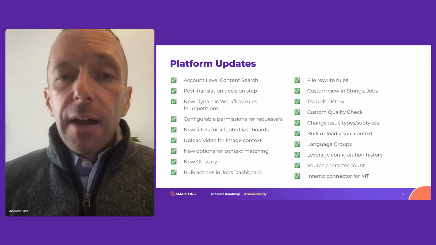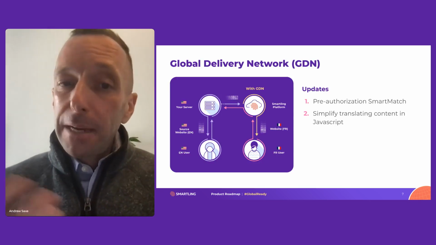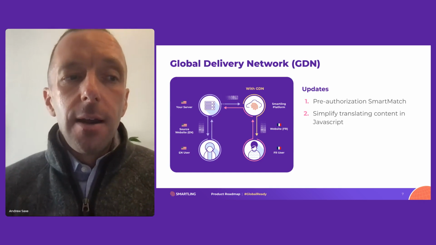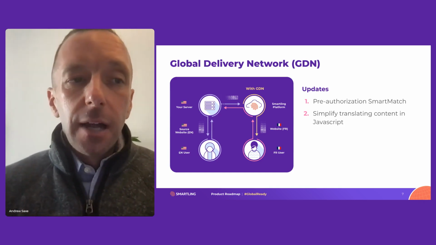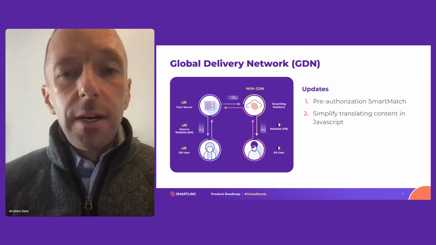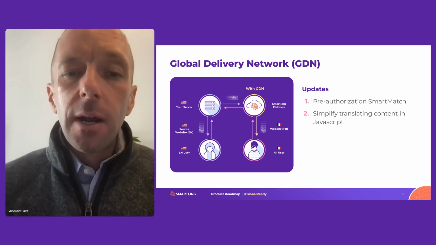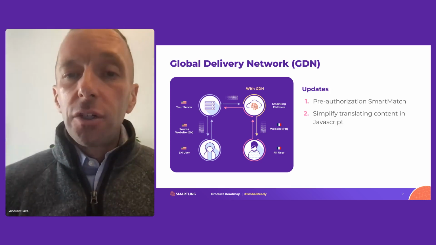Our global delivery network continues to be an important tool for our customers and a major player in the proxy market. As you know, it helps customers deliver translated websites in real time. As such, we released several important updates to the global delivery network, including pre-authorization smart match.